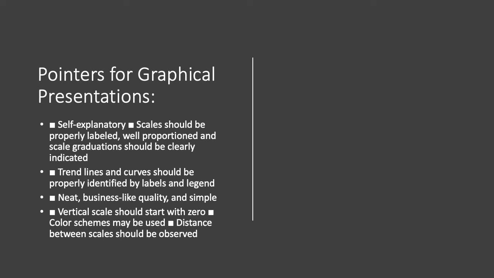It should be self-explanatory. It should be properly labeled so we can understand what data were identified. Okay, and the trend lines and curves should be properly identified by labels and legend. It should be neat. Okay, it should be simple. Okay, your vertical scale should start with 0. Okay, and the distance between scales must also be observed.